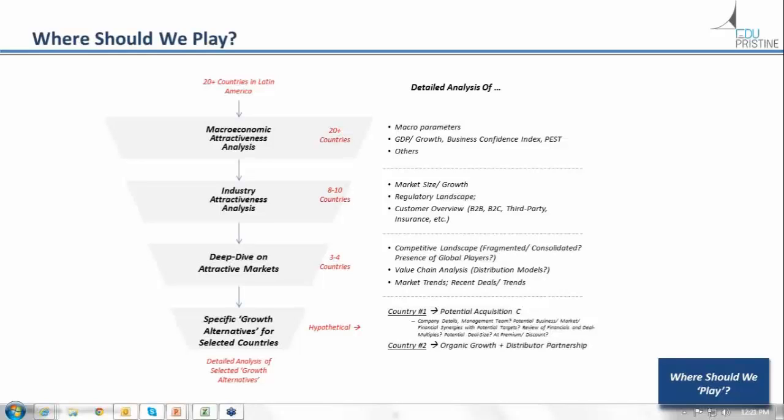You also look at the regulatory landscape: how easy or difficult is it to establish a business in that country? Are there laws that prohibit you from getting into the market without having local partners, and so on and so forth?